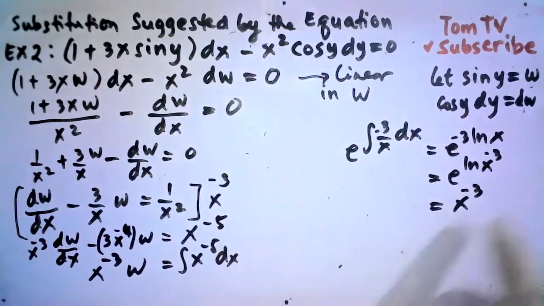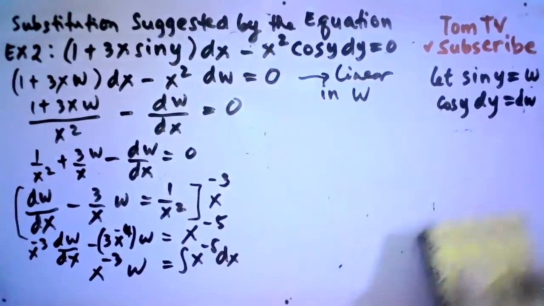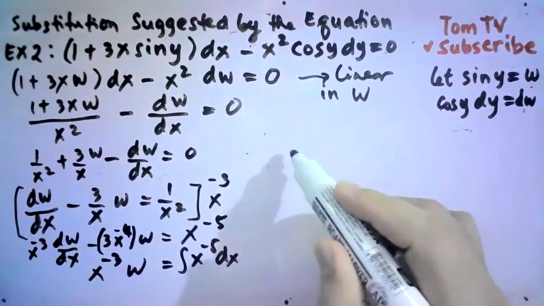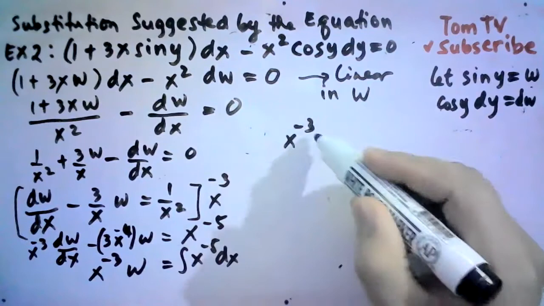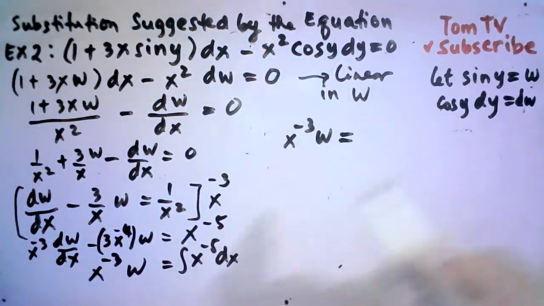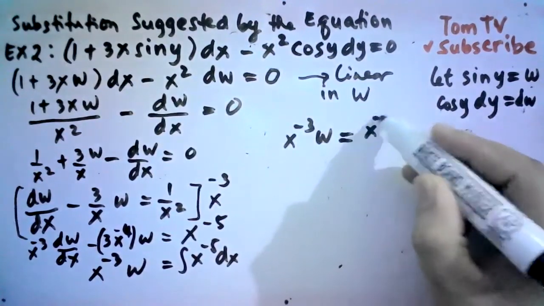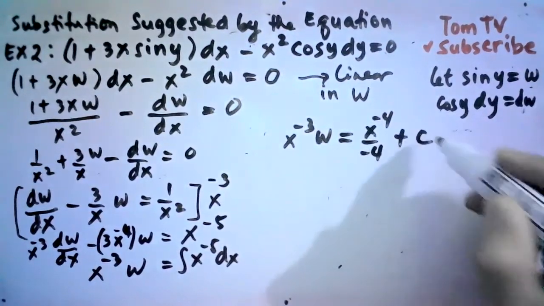So x to the negative 3 times w is equivalent to the integral, that is x to the negative 4 over negative 4, plus c.